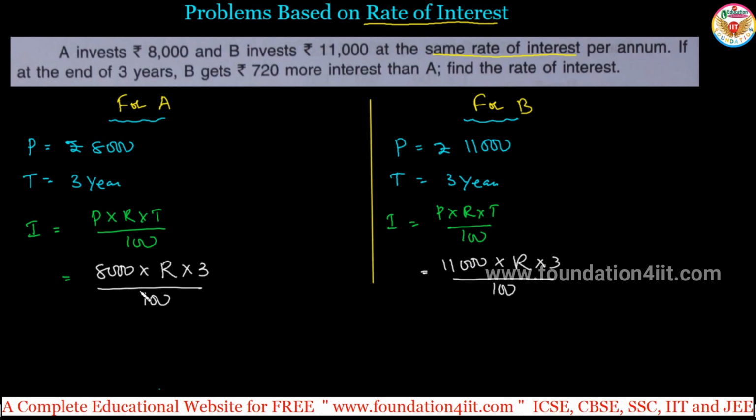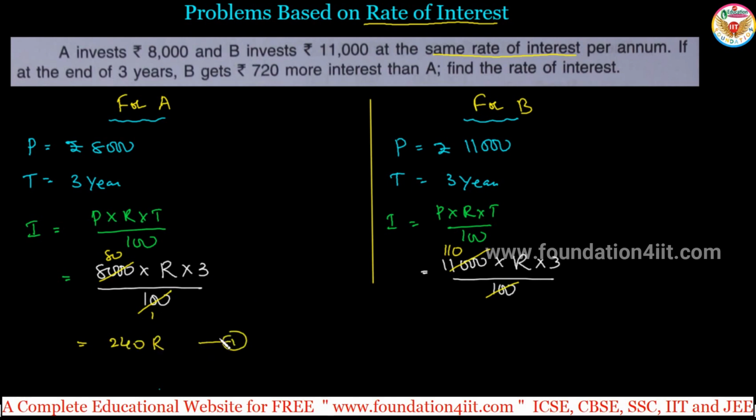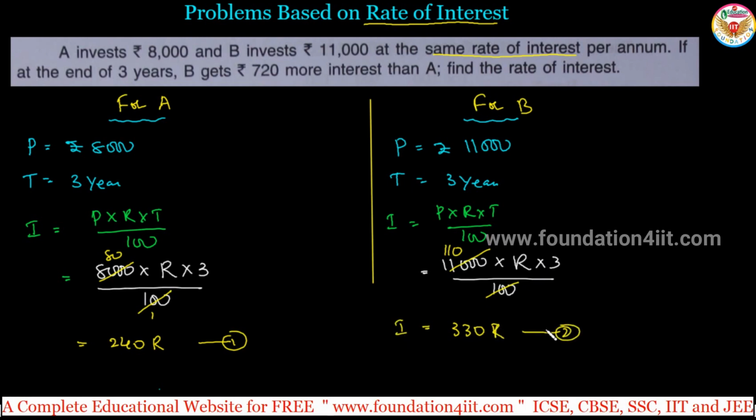Simplify both cases. 100 times 80 is 100 times 110, right? Then finally this is 80 into 3, so 240 into R. 240R, let this be equation 1 for interest. In this, 110 into 3, so 330. 330R. This is the case for B.